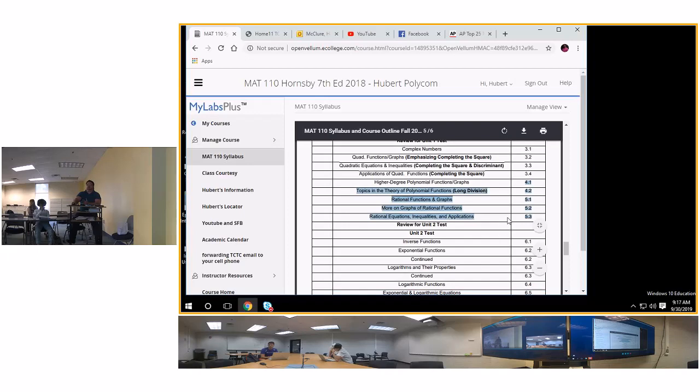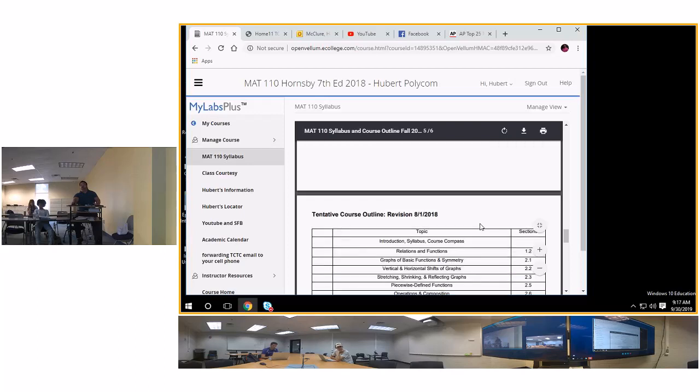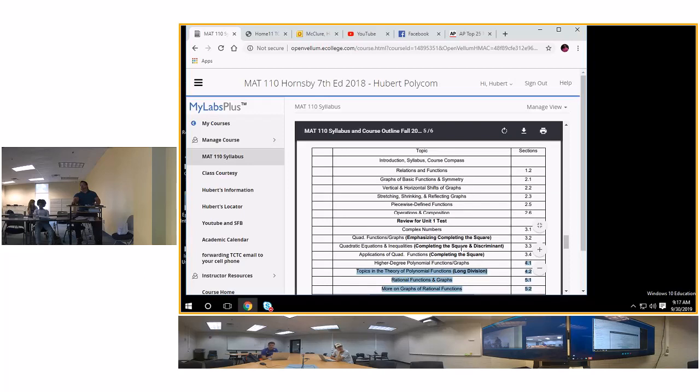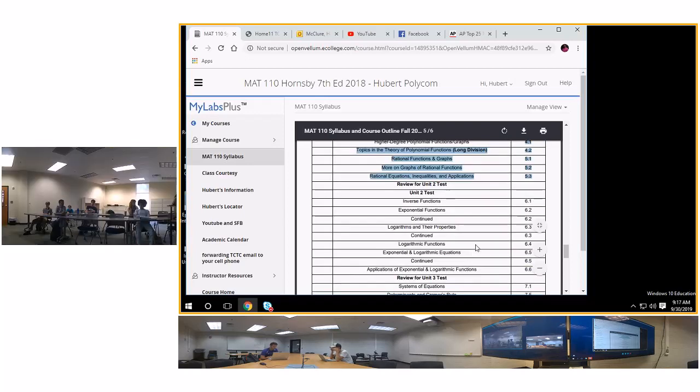Everybody with me? Okay. I just want everybody to see. So when I put the test up for Unit 1 and Unit 2, it's only going to say Unit 1, and it's going to say Unit 2, completing the square. Capiche?